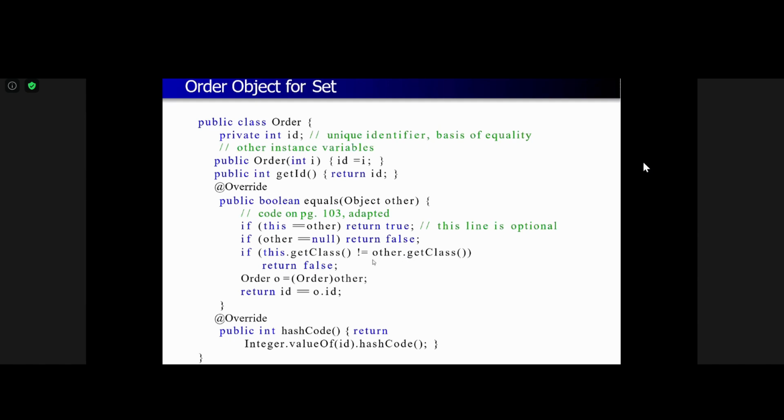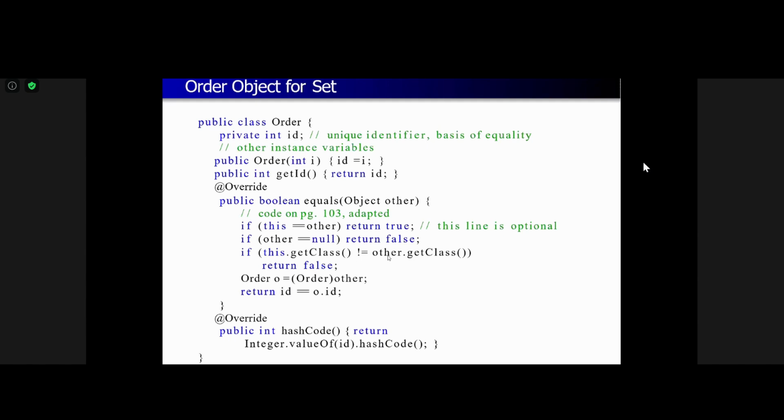If the other class is the same as this class, we want to go on. If they're different, of course, that means they can't be equal, so we return false. This seems like a very strong condition. Maybe, in fact, it is possible to weaken this, but this is the simplest case, to require the classes to be the same in order to go on.